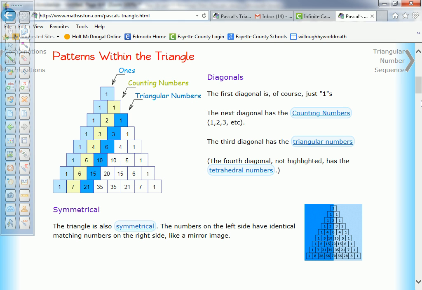The reason it's called triangular is because three dots form a triangle. The next triangular number is 6 because 6 dots form a triangle. The next triangular number is 10. Okay, so if you ever hear the term triangular numbers, that's what it's talking about. So those are our triangular numbers. The next one is our tetrahedral numbers. All right.